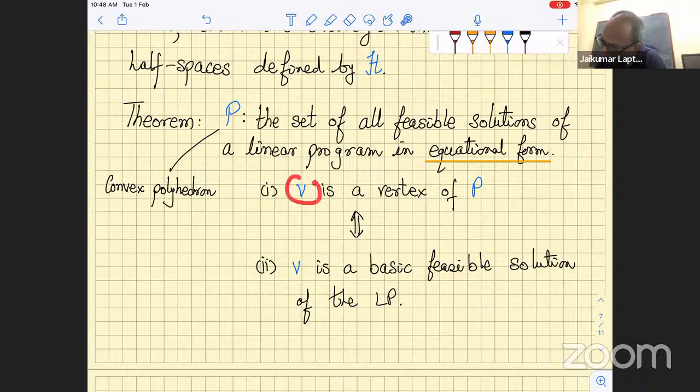So it must be that v itself must be basic.